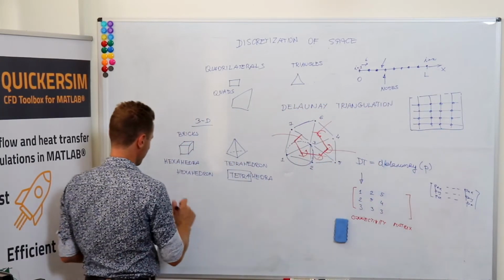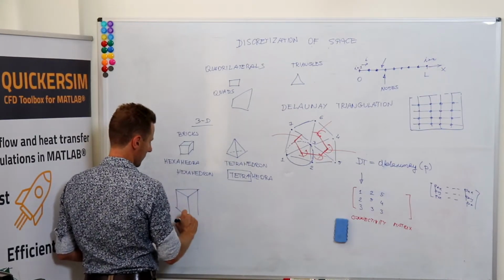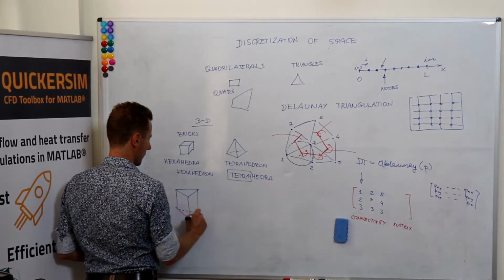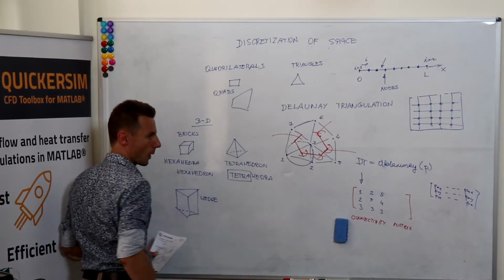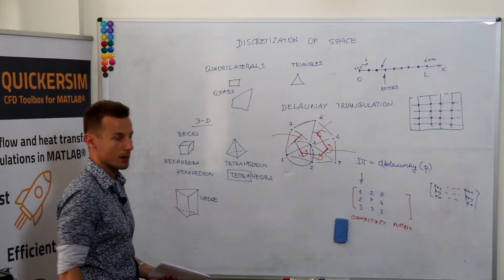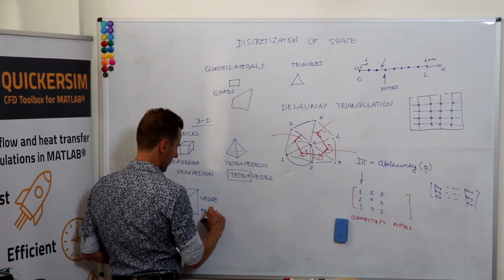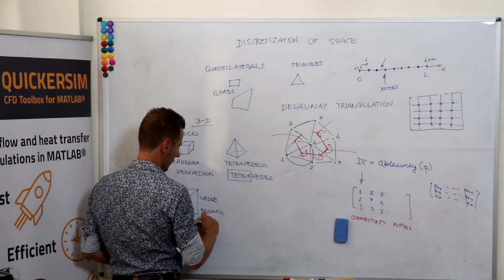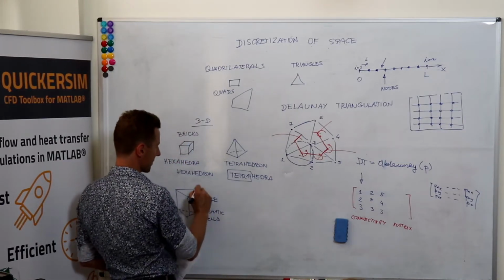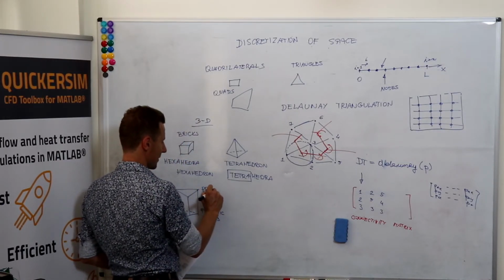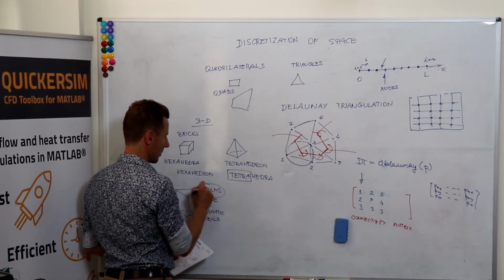The other type is, and I don't know if there is any other name, wedge. Or prismatic. Yeah, that's right. Or prisms. Prisms, a very commonly used notion.